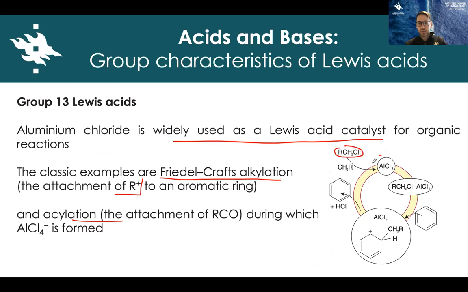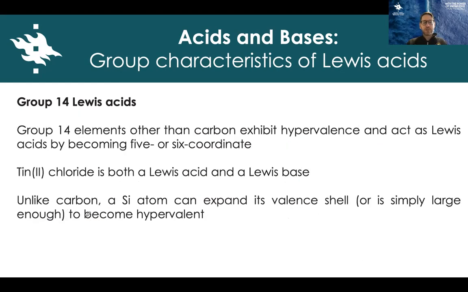This species forms an adduct with aluminum chloride, which then leads to the attachment of this species to the aromatic ring, and also for acylation reactions. So it's very important in driving these organic reactions.